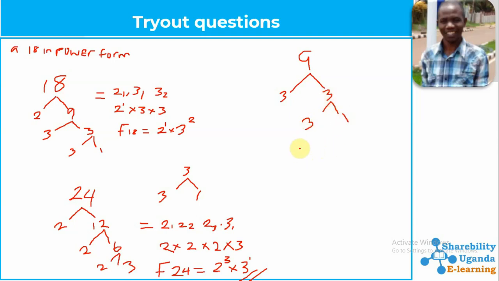So this simply means that our factor of 9 in a power form is going to be equal to 3 power 2. Okay, so that is going to be our answer. That is how we can be able to get numbers on factorization, and if they tell you to factorize and present your answer in a power form.